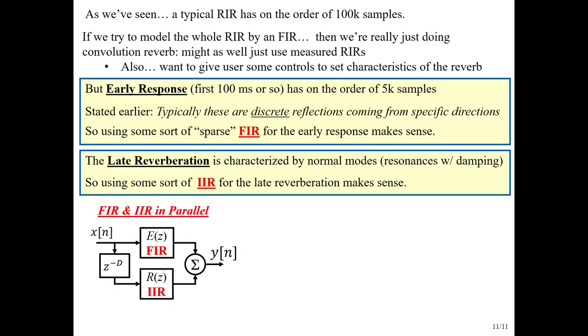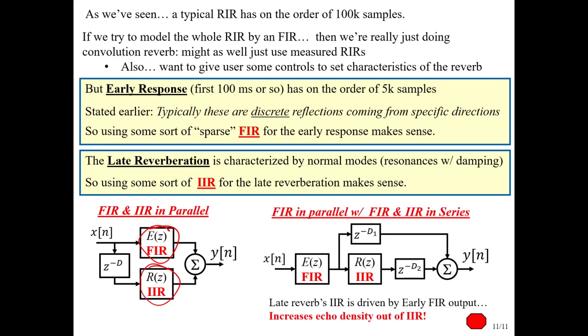We don't want the late reverb to start until the early reverb is done, so we delay the signal by D samples before it hits the IIR, so that the FIR's response finishes just as the first thing comes out of the IIR due to the signal being delayed. So that's the idea, and then you can design these two things individually.